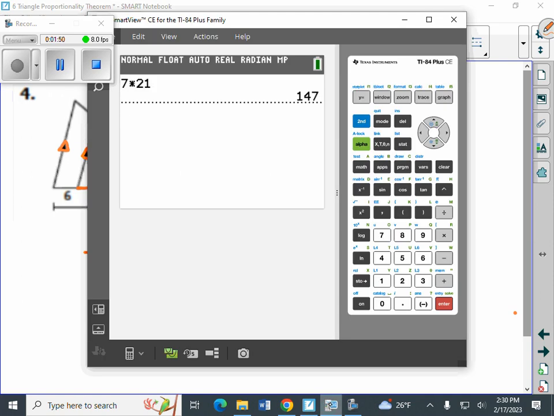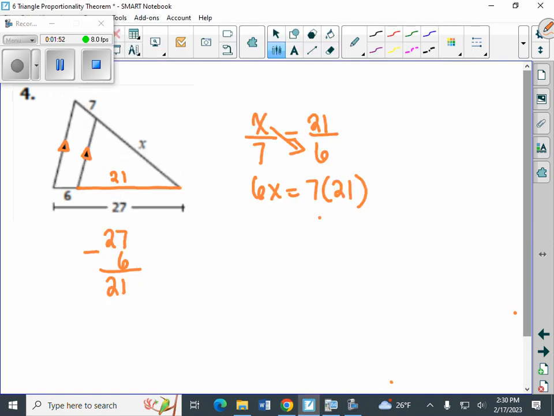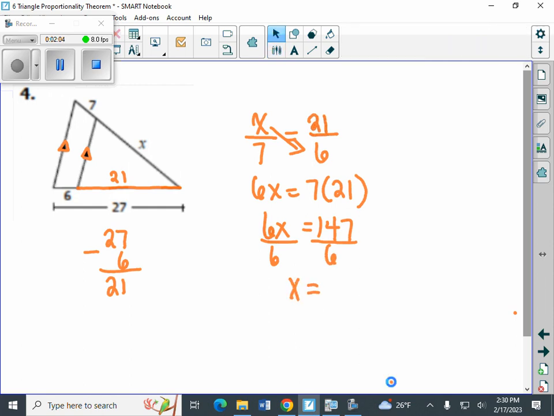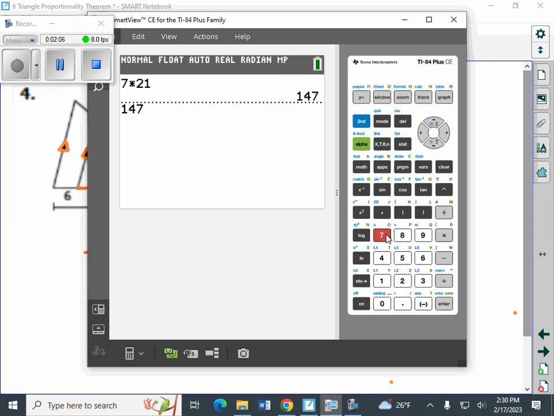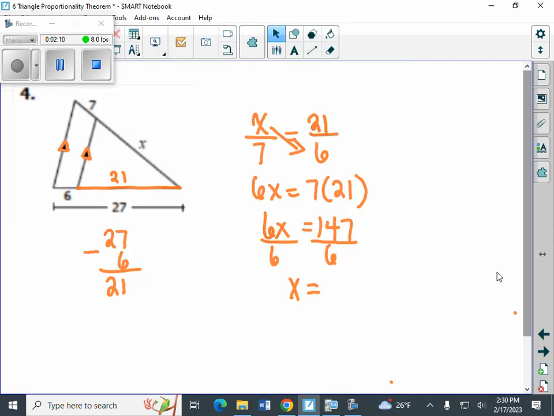Sorry, I already forgot, 147 equals 6x. And then finally it's 6 times x. We divide both sides by 6. So one more time with the calculator. 147 divided by 6 is 24.5.